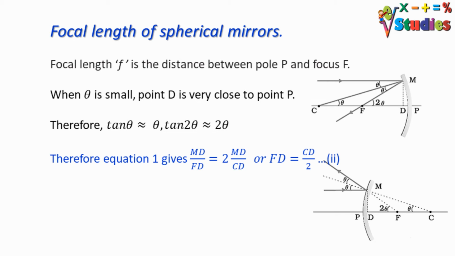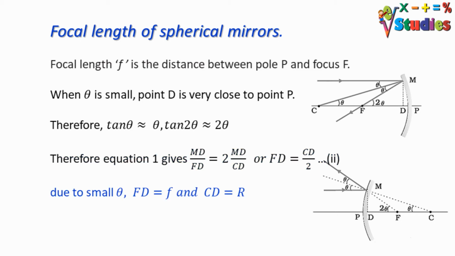Now, we can say that the ratio of MD and FD is twice the ratio of MD and CD, or FD is equal to CD divided by 2.